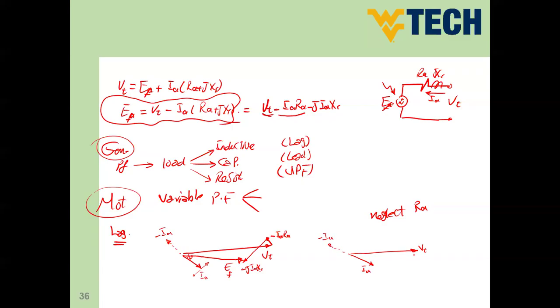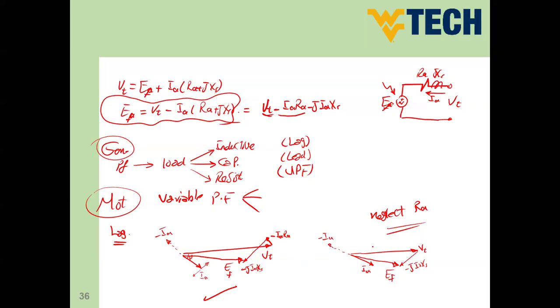So the minus jIAXS is going to be in this direction. So this is going to be the EF. So this is the first one here in case of RA considered, and this is RA neglected. So this is the phasor diagram in case of lagging power factor case.